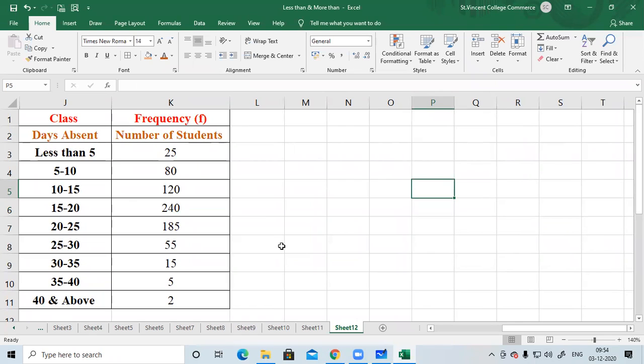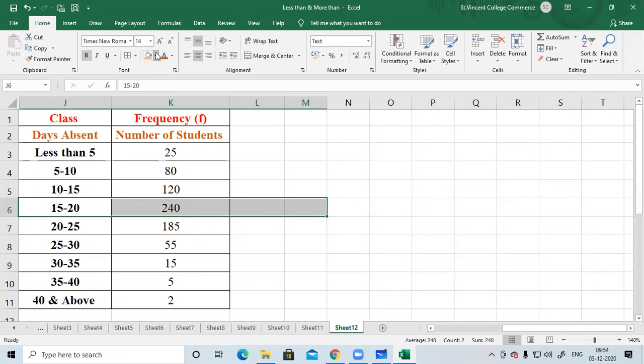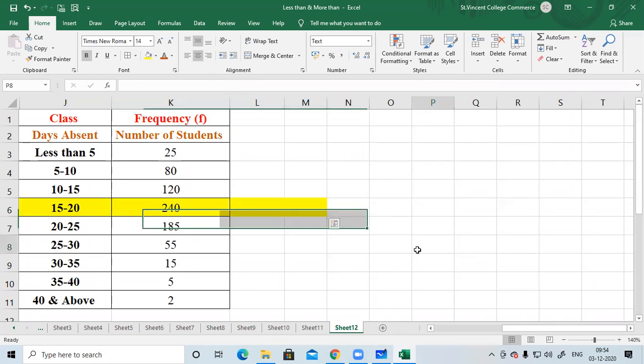Again, we need to find out mode. To find out mode, we need the modal class. Which one here should be our modal class? Can anyone help me get the answer for the modal class? 15 to 20. 240. The highest frequency becomes your modal class.